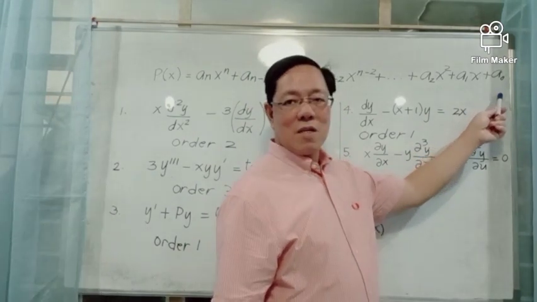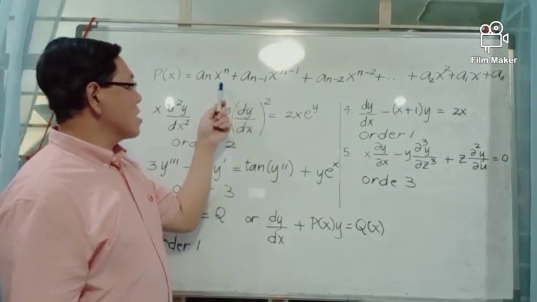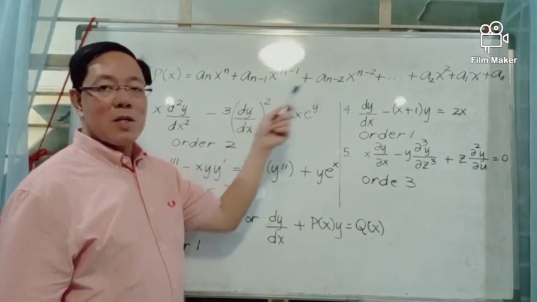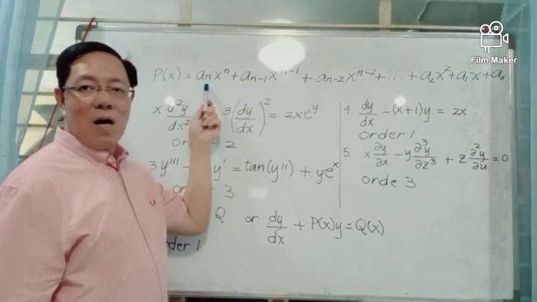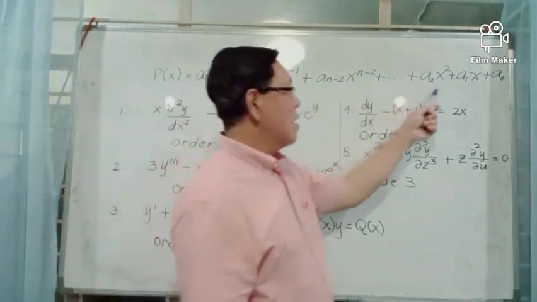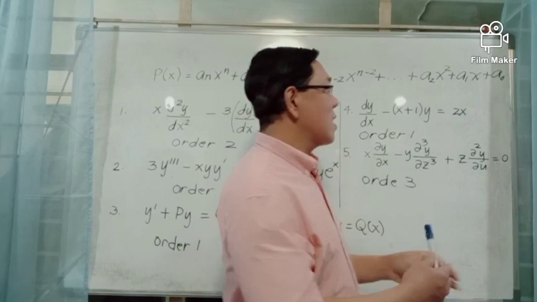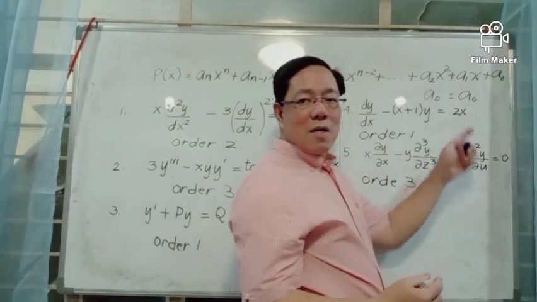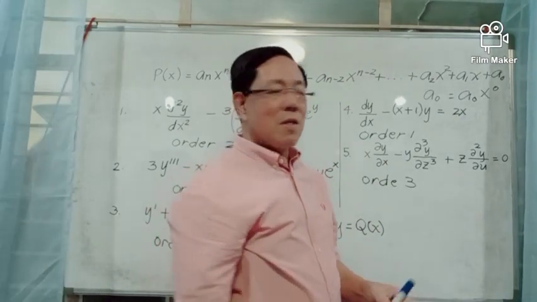The last term is a constant term, a sub 0. You can see that in this polynomial expression, the terms are arranged according to decreasing powers of x. In the first term, we start out with the highest exponent of x, n, and it decreases by 1 until the exponent of x in the last term is 0. a sub 0 can be written as a sub 0 multiplied by x to the power 0.